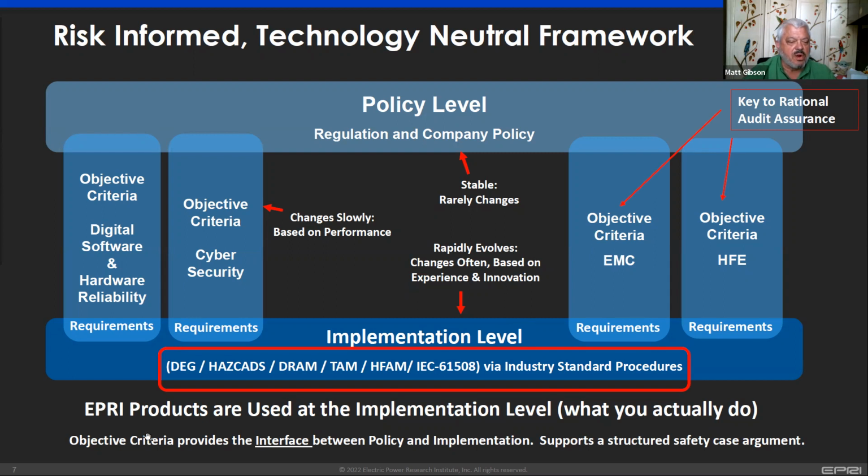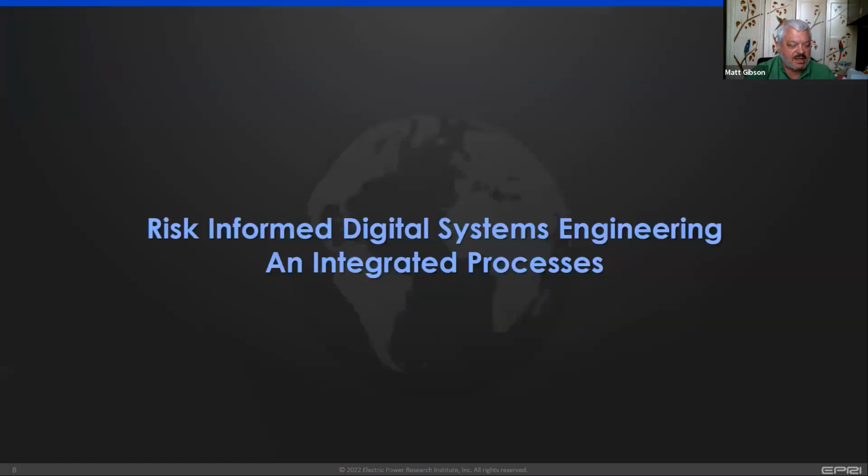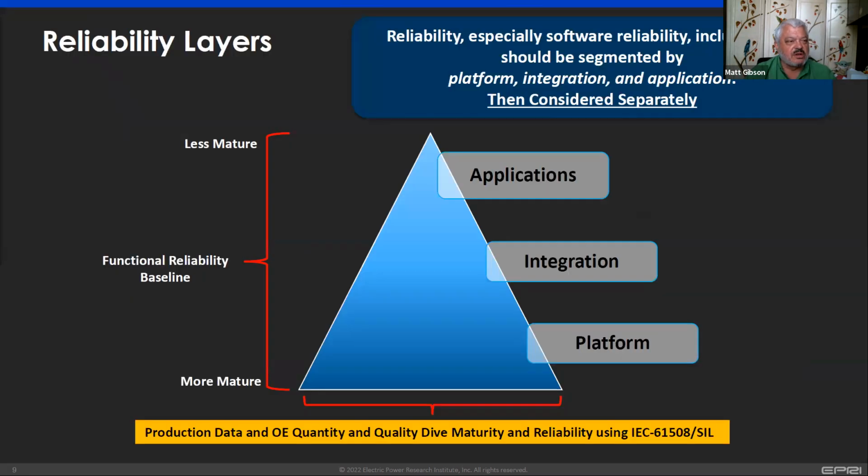When we've shown this to the ONR in the UK, which you haven't seen yet, but you will in a minute, they really are intrigued with it because it helps you produce a structured safety case. You can follow the policy, the objective criteria, and the implementation artifacts that you see. All right, so let's just dive into it a little deeper.